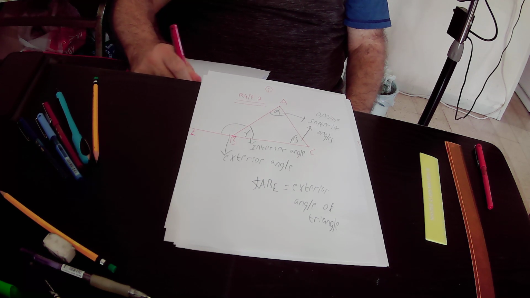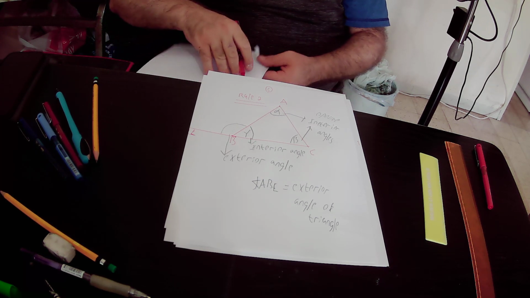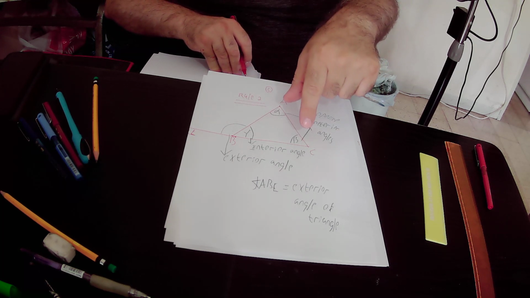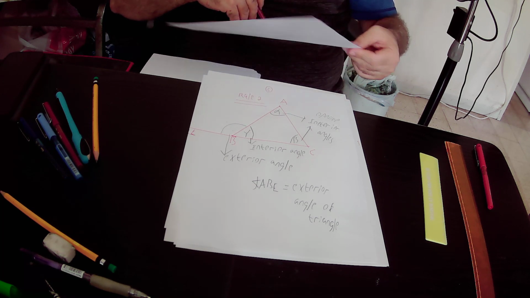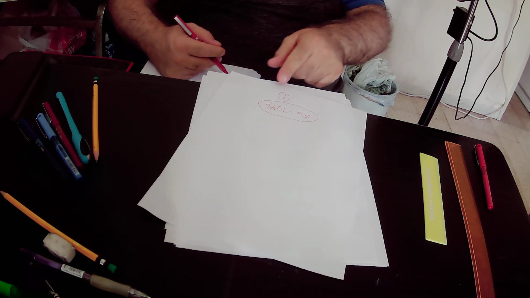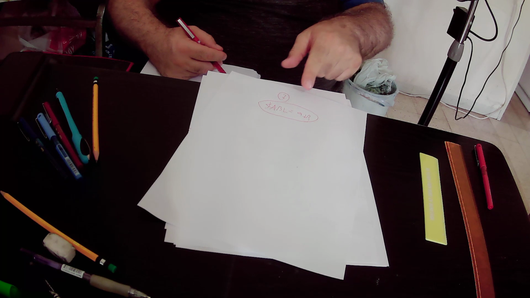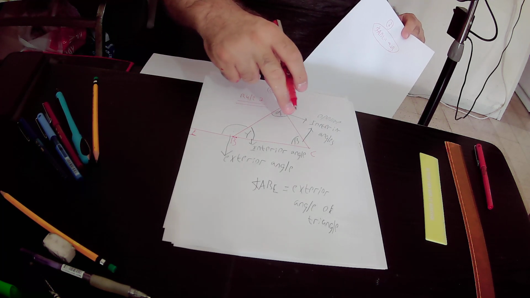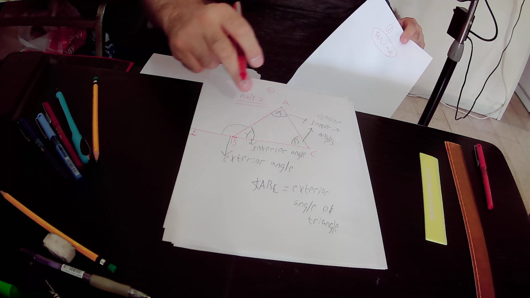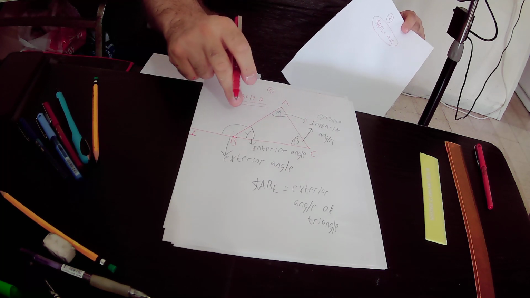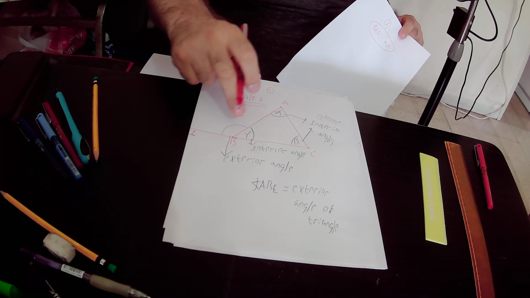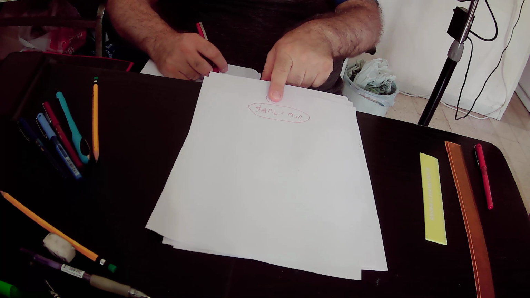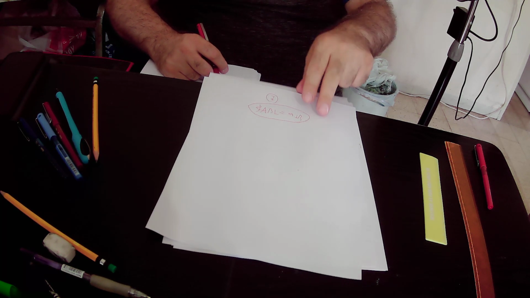So according to rule number 2, the exterior angle ABL equals alpha plus beta, which are the opposite interior angles in relation to angle gamma.